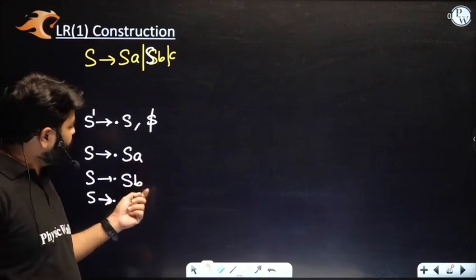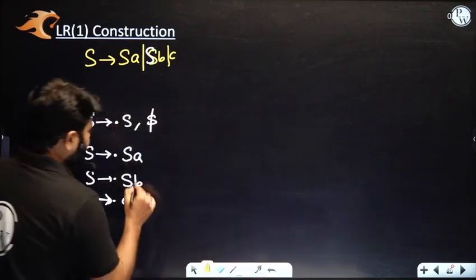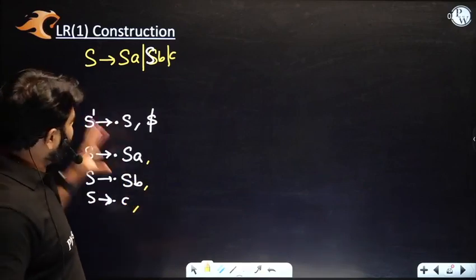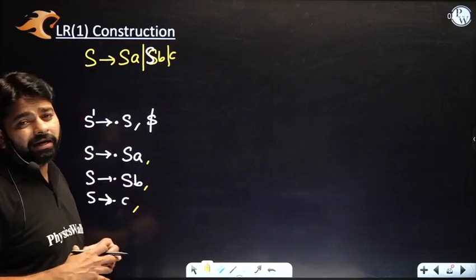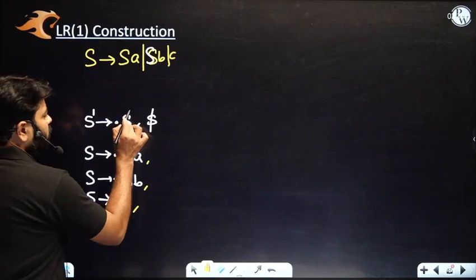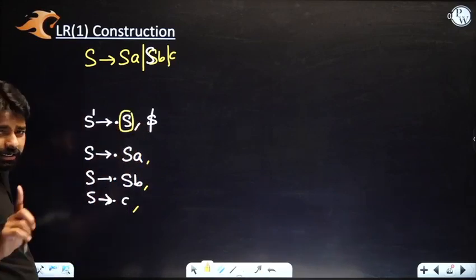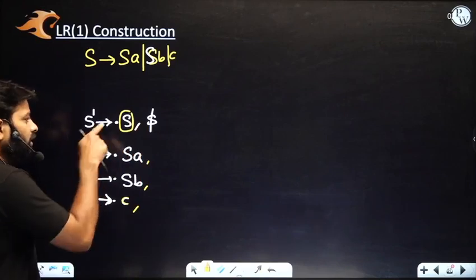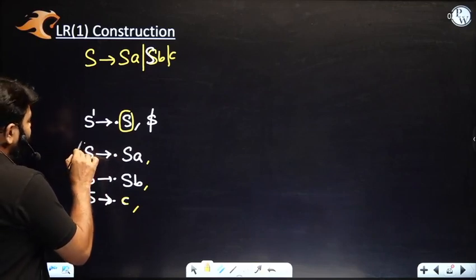How do you compute the lookaheads of these three items? Very important, observe carefully. If you understand this, all problems constructing the LR1 diagram become easy. Have you written these three items only because of this S? Yes.